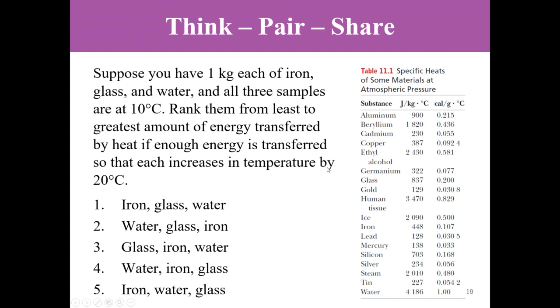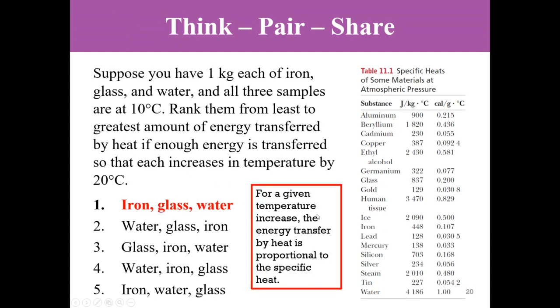Again, in order to answer this question, you need to keep in mind the specific heat for iron, 448, for glass, 837, and for water, 4186. So in this case, they will be ordered iron, glass, water, because for a given temperature increase, the energy transfer by heat is proportional to the specific heat.